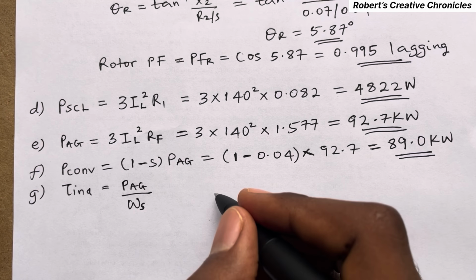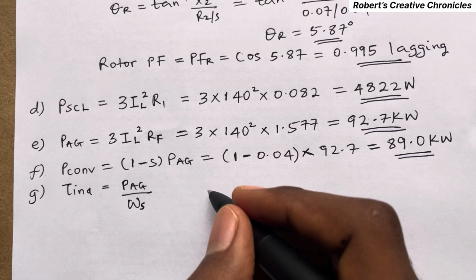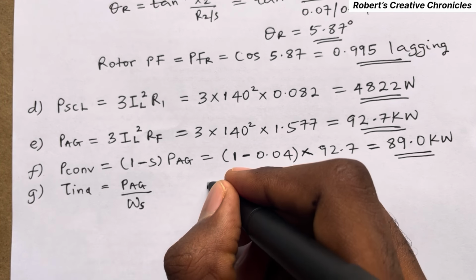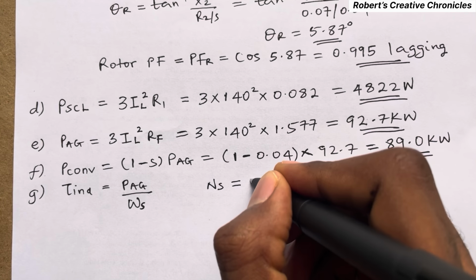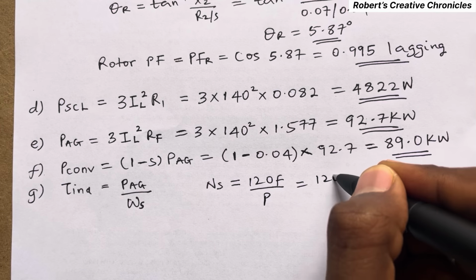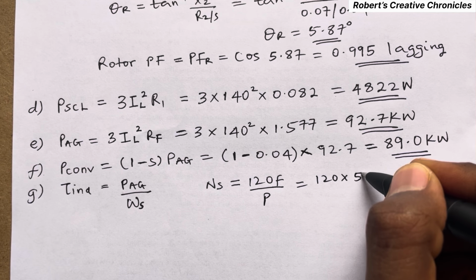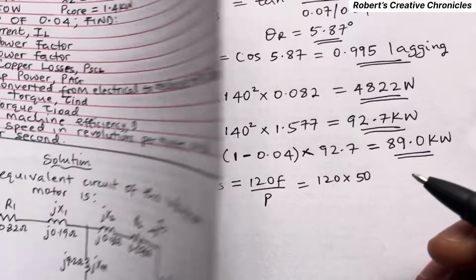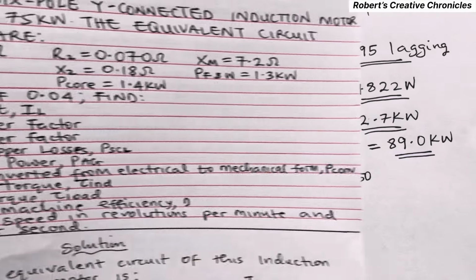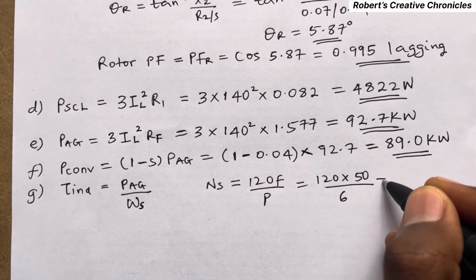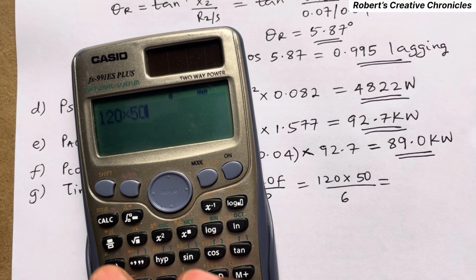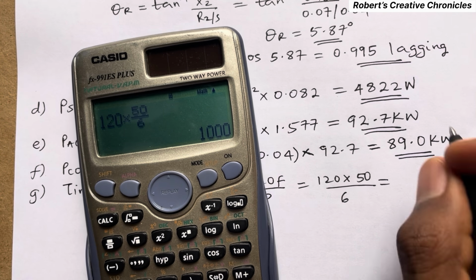So first we have to find the synchronous speed in RPM. Synchronous speed in RPM is 120 F over the number of poles. This is 120 times 50, which is the frequency. Frequency is given as 50, and the number of poles is 6. 120 times 50 over 6 is 1000 RPM.